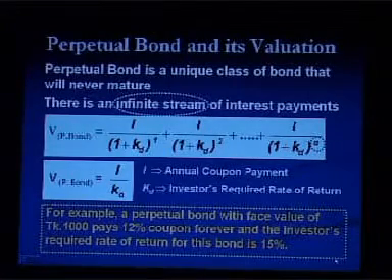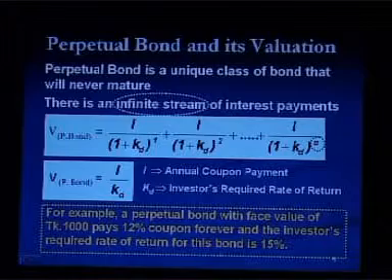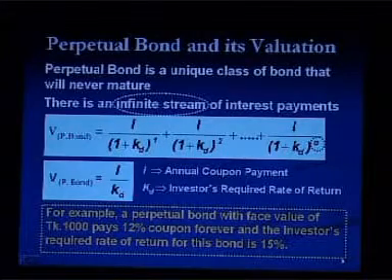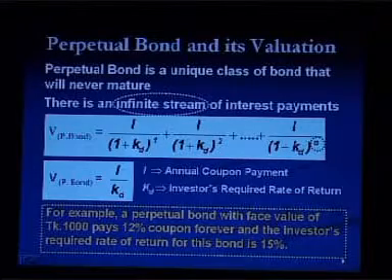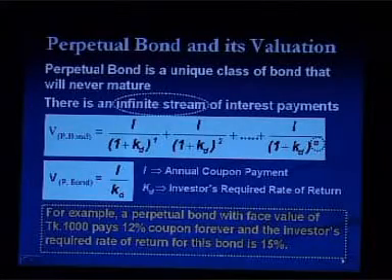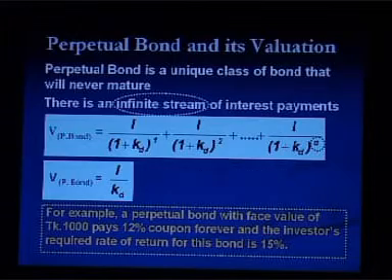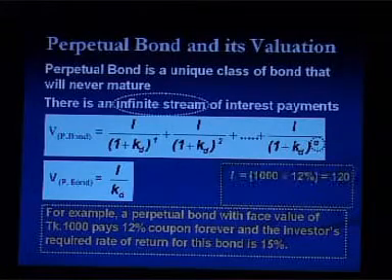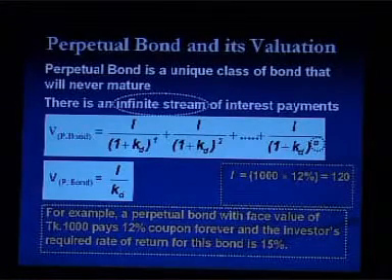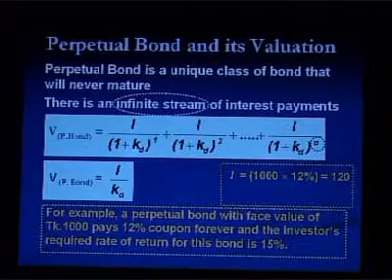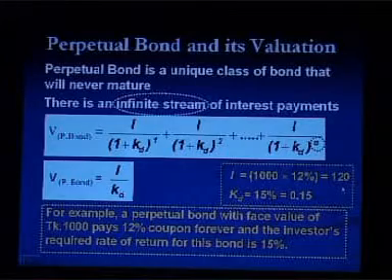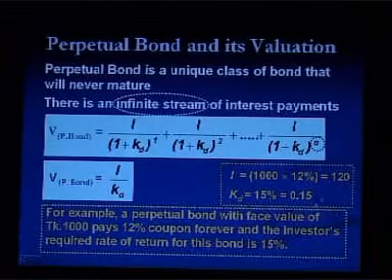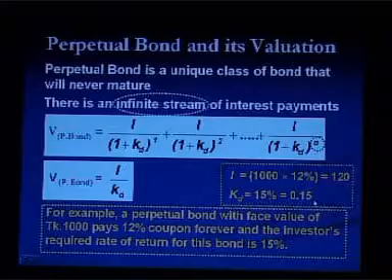Now, for example, a perpetual bond with face value of taka 1000 pays 12% coupon forever and the investor's required rate of return for this bond is 15%. In the example, you can see that the coupon is face value into coupon rate, that is taka 120, and the KD, that means required return of the investor, is 15% or 0.15.